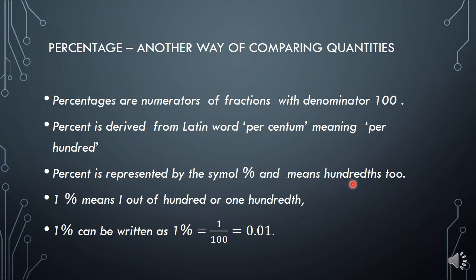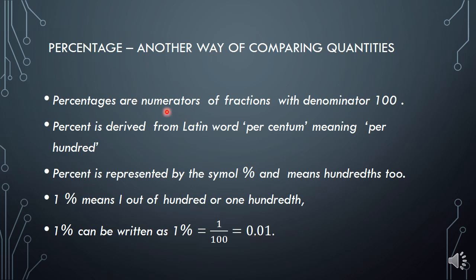Hundredth, how can we write hundredth? 1 by 100. It is in fraction form, and so we can say 1% means 1 out of 100 or 100th. 1 by 100 can be written as 1% symbolically. So in decimal form we can write it as 0.01.